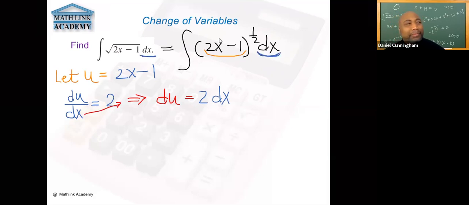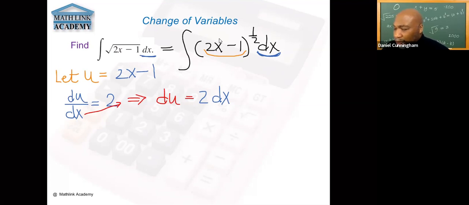But one good thing about constants, you can force them into the problem as long as you balance it out. So watch what I'm going to do here. I'm going to rewrite this problem.